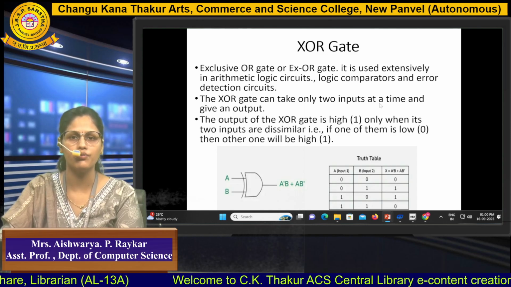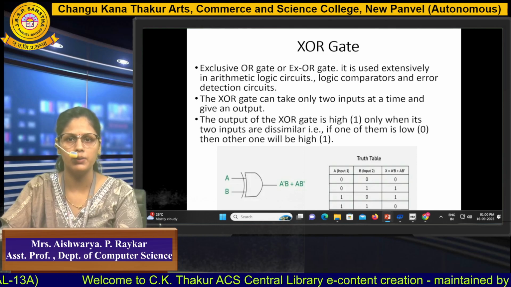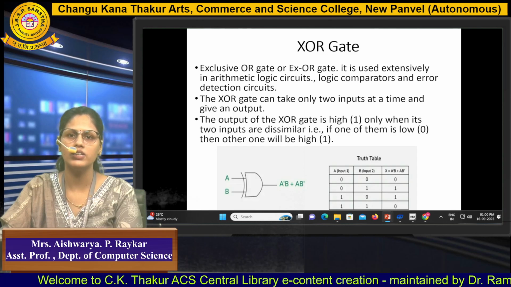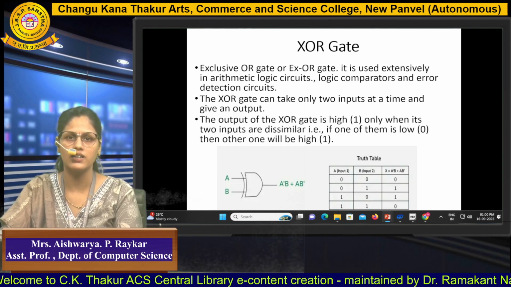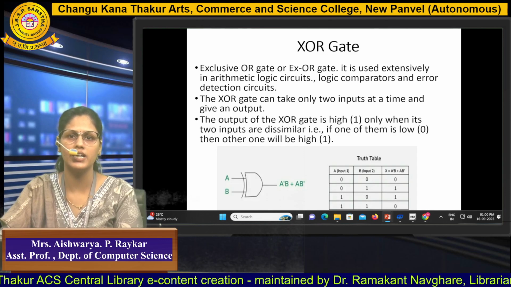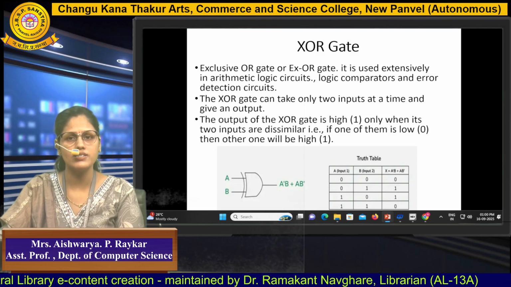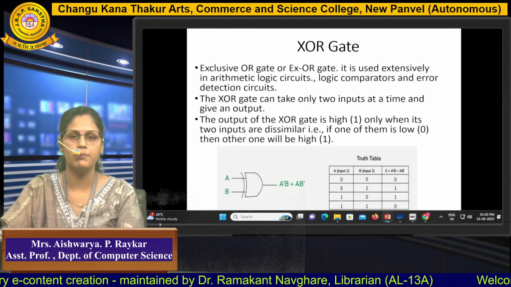That means if we provide the same inputs to the XOR gate, then the output will be low. Only when both the inputs are different, that is 1 0 or 0 1, then we will get high output. And what is the Boolean equation? A bar B plus A B bar.